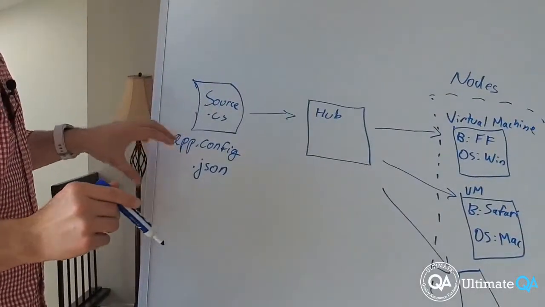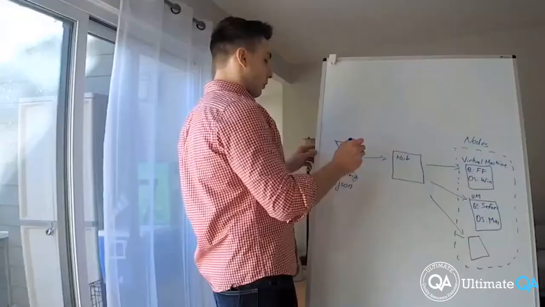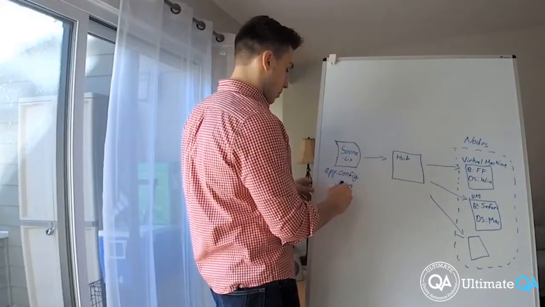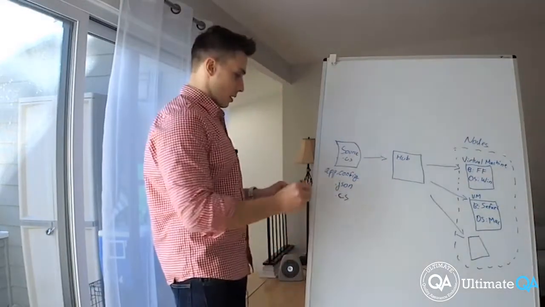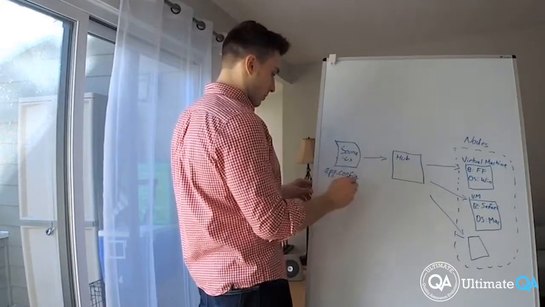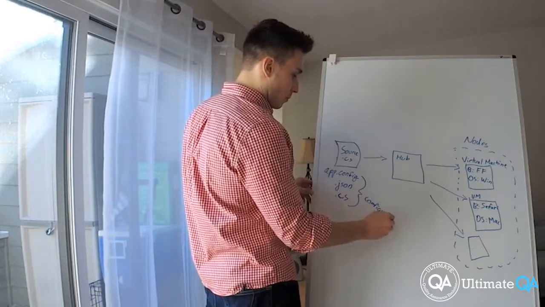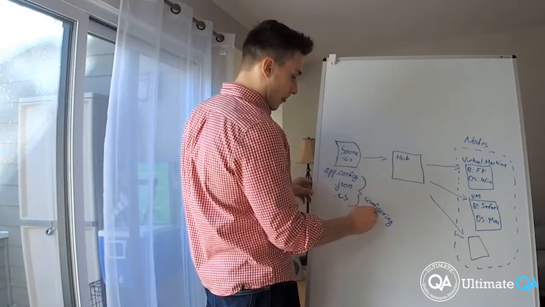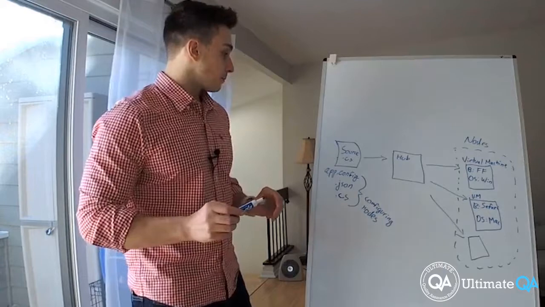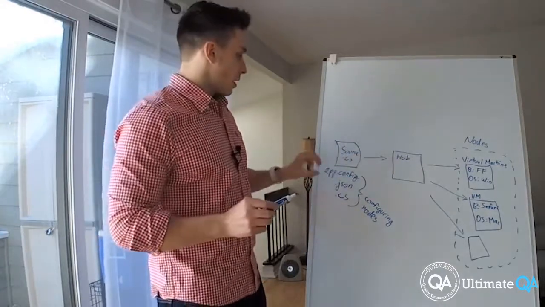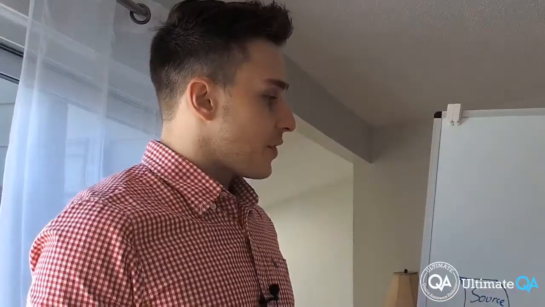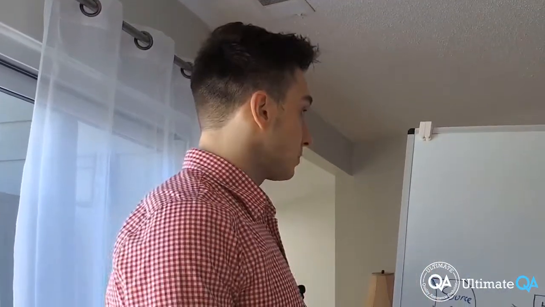Or you can even do it in the source code itself. This is all for configuration of the nodes. And so you can do all of that through these configuration files, and then the hub will determine where you want the automated test to run. So that is how a Selenium grid works.